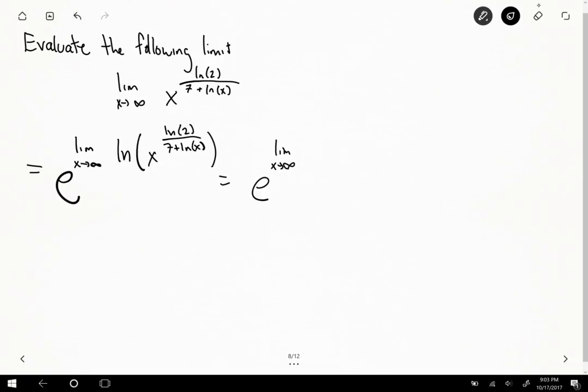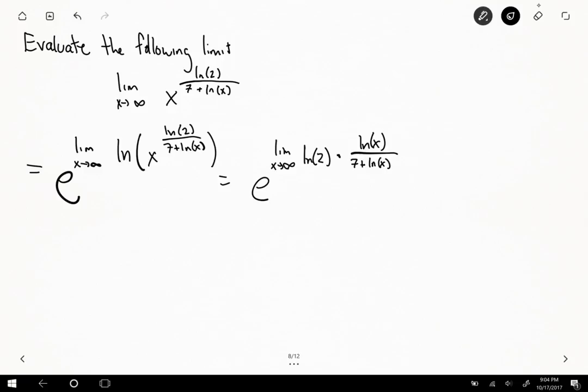I'll actually do a couple things at once here, and if you struggle with seeing it, just let me know. We can bring the natural log of 2 and then over 7 plus natural log of x. Natural log of 2 is just a constant, so we'll leave that right there for now. But you have a natural log of x, and when we brought this exponent on down, notice the 7 plus natural log of x, even though it was originally underneath the natural log of 2, you can move that to whatever bottom of the fraction you want. So we'll move it this way.